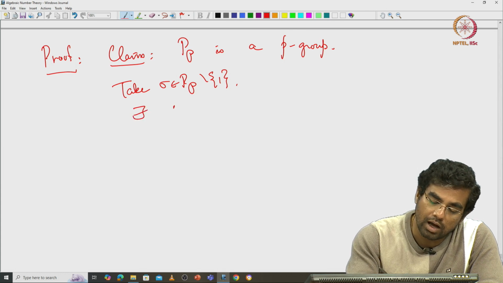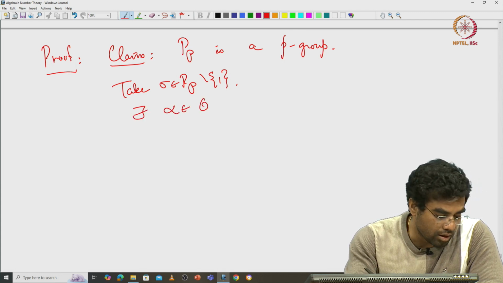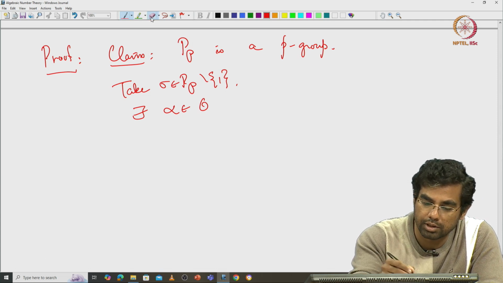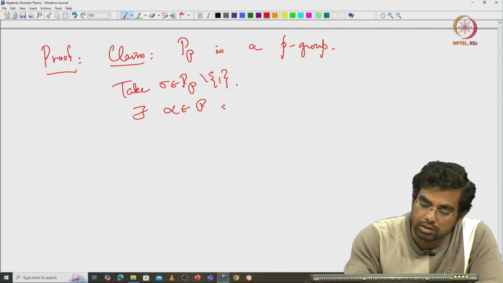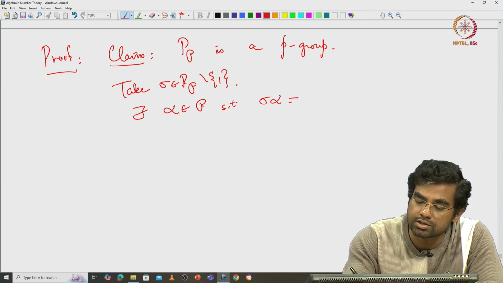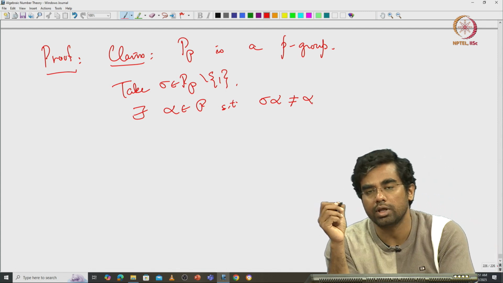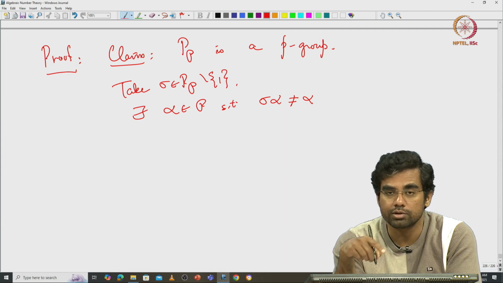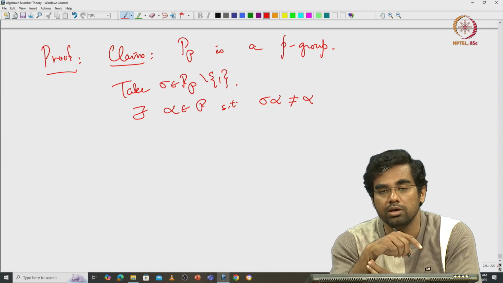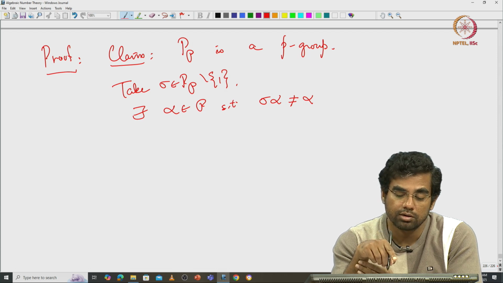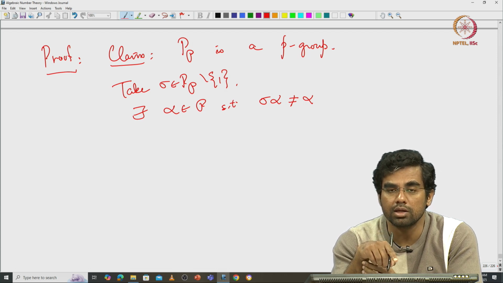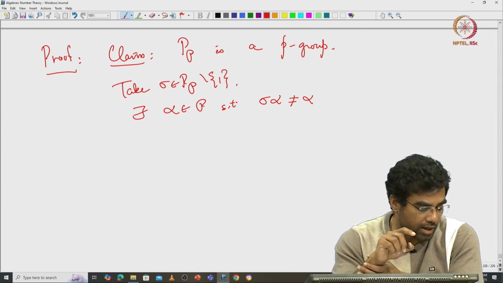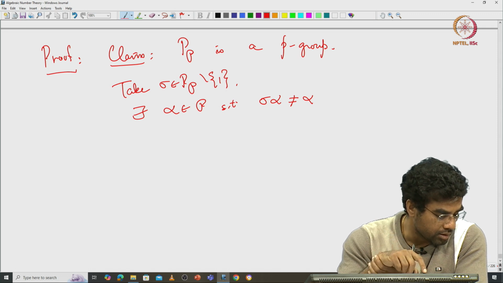So, there exists alpha in P such that sigma alpha is not equal to alpha. We just know that their difference has order divisible by P square, but of course they will not be equal. If sigma fixes P pointwise for each element of P, then sigma has to be the identity element.